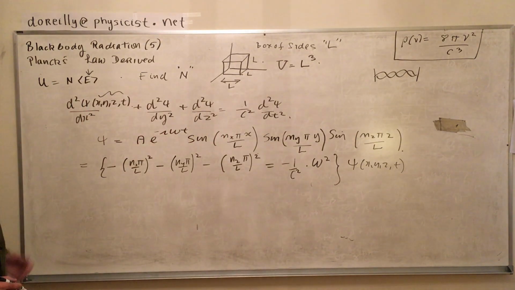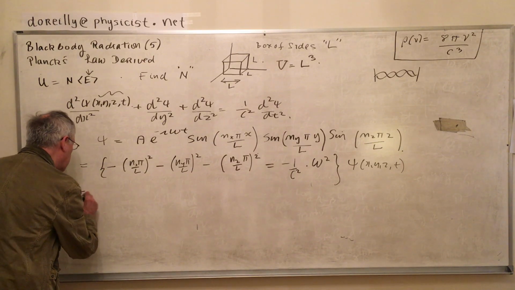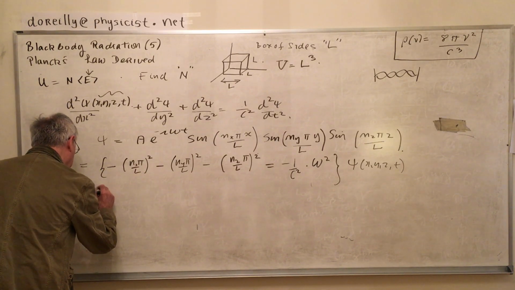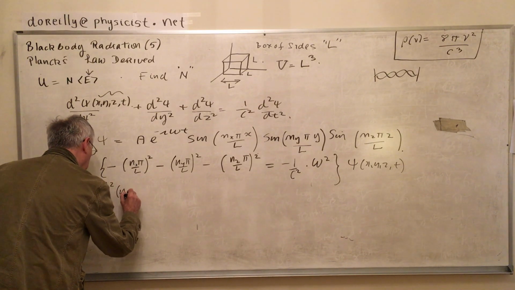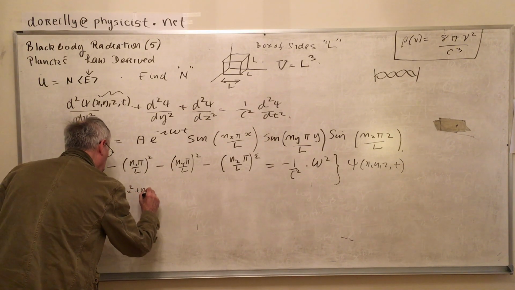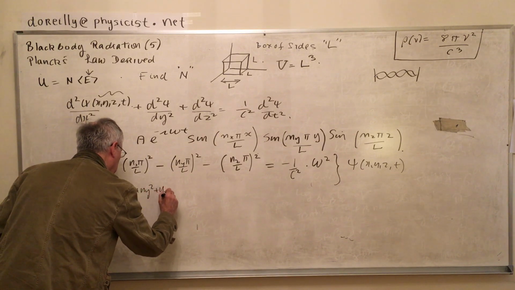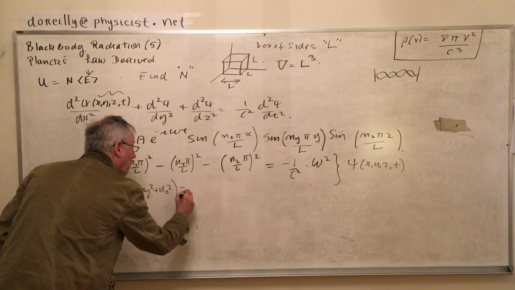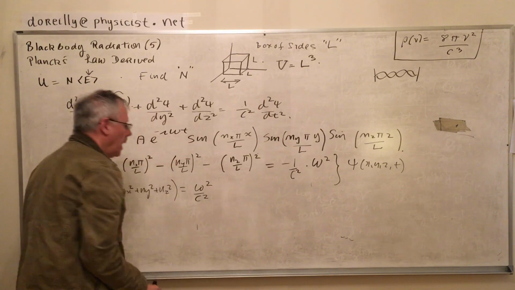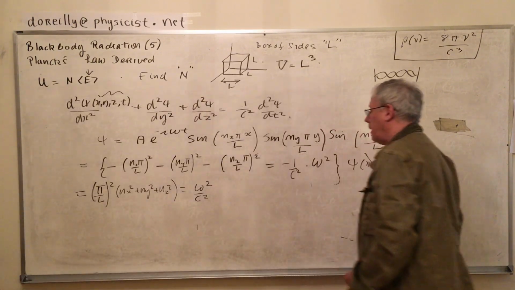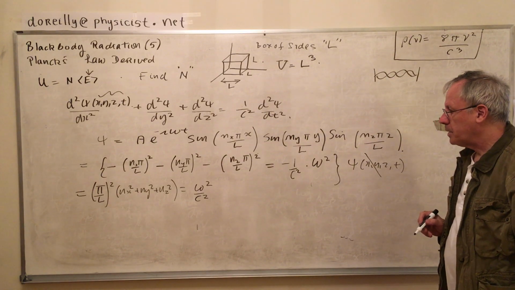So with the minus sign there, I'll get rid of all the minus signs and take out a common factor. And I'll cancel off the sine, okay? So that's the result that we've got.